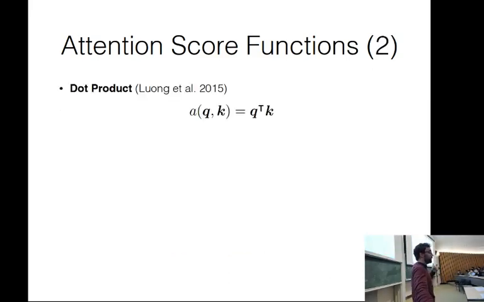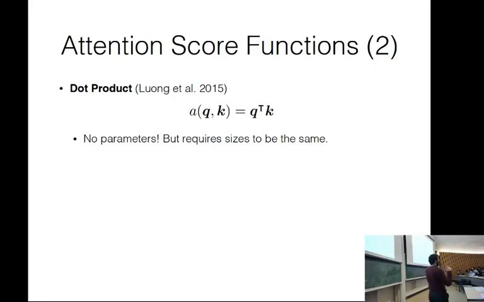Another thing that you can do is, if you do have the same dimensions between the query and the key, you can just take the dot product, right? And that needs no new parameters. Ideally, the keys or the query will learn to also be useful for the task of computing the attention weight. But it has a drawback: this option does not require new parameters, but it does require the two sizes to be the same.